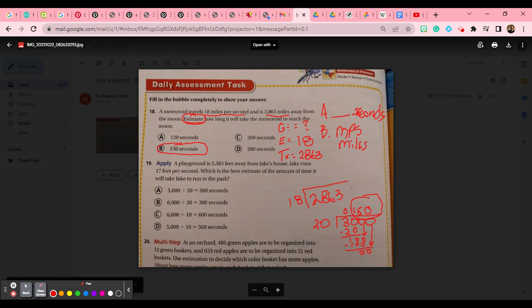But if we have miles per second and miles, and we're looking for seconds, we know we're going to multiply or divide because our labels don't match. And then we use the GET strategy to figure out what it is we were looking for. And we knew that we had to divide, because if we're looking for a total, we multiply. But if we're looking either for our each or our groups, then we are dividing.